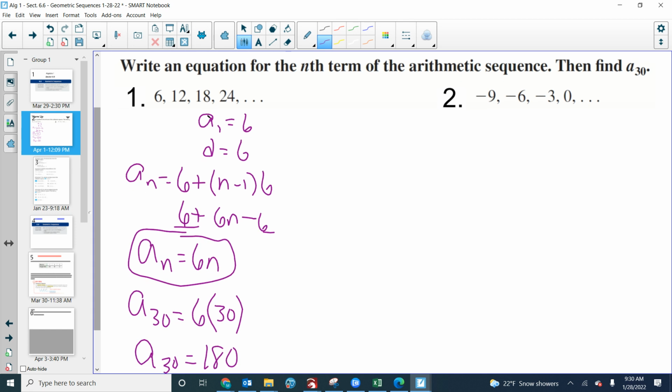Try that one. Get the 30th term for that one. Get the equation first. See what you get.